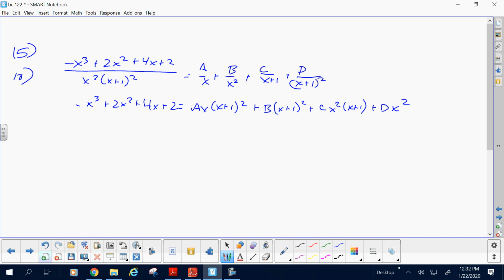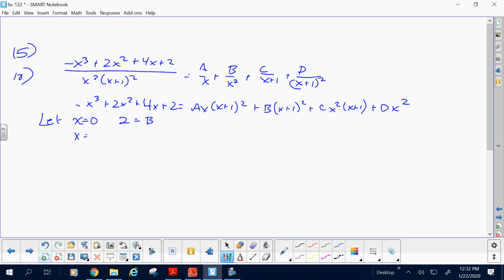Okay, now then, as we let, two things will go nicely with let, two things not so nicely. So when we let x equal 0, we get 2 equals, A is gone and B is left, so you get 2 is B and everything else is gone. Yes? Okay, cool.